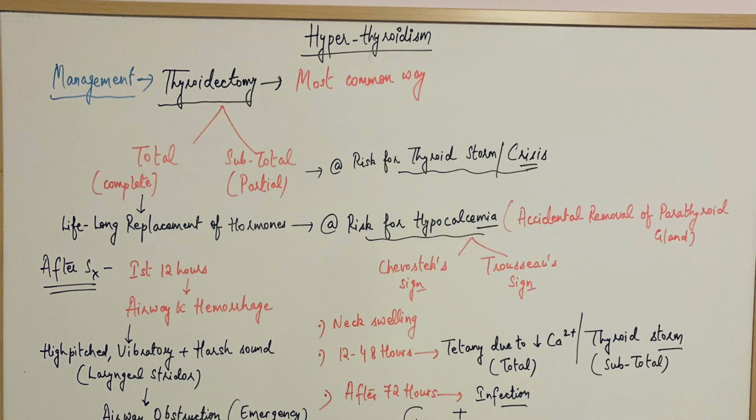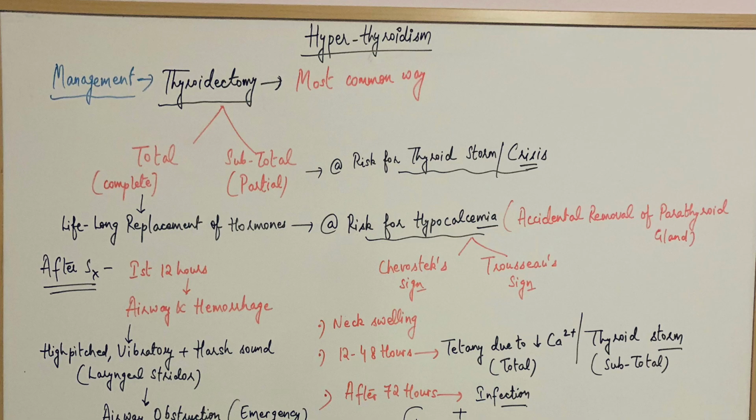But there is a risk of thyroid storm. Either the hormones can go up or they can go too low, that is thyroid crisis, which is also known as myxedema coma. So we have to watch for both. That's the main difference between total thyroidectomy and subtotal.